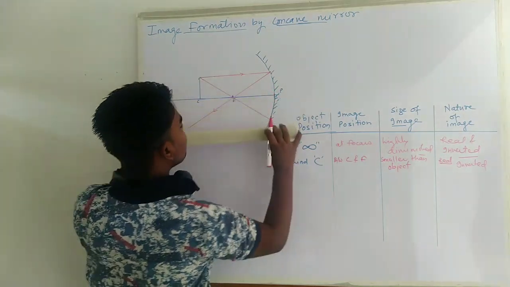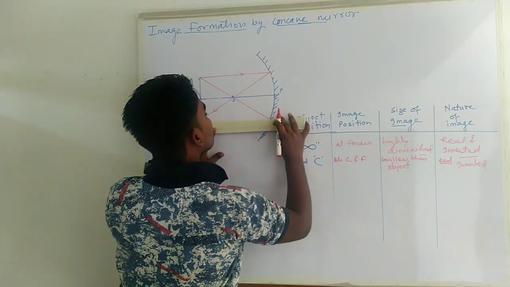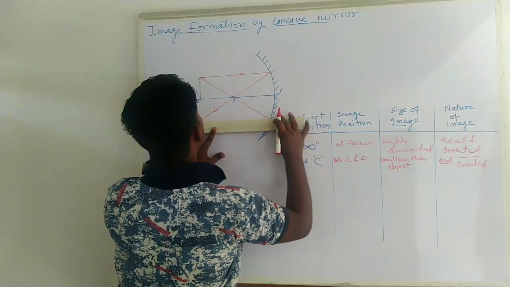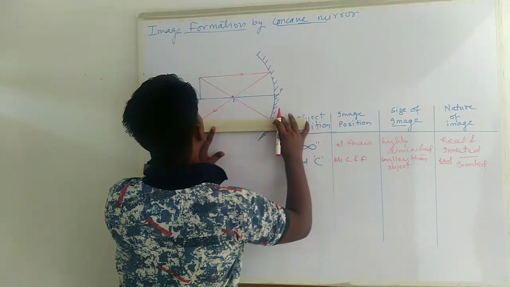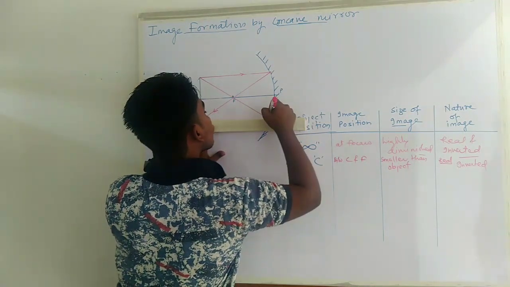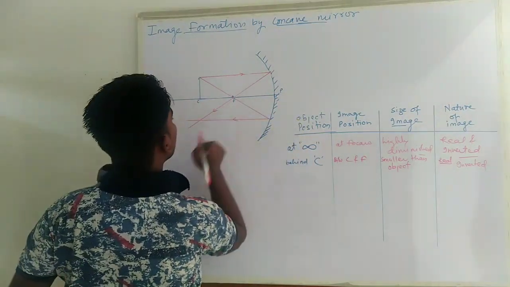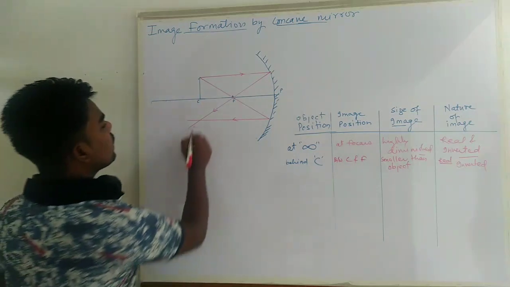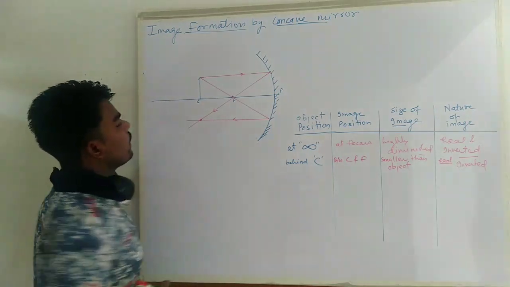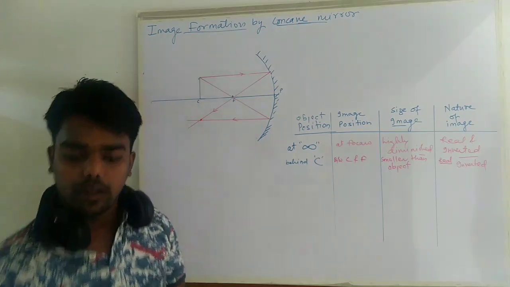So after reflection it will go parallel to the principal axis. This is how it is coming. Okay, and here they are intersecting. This is the intersection point of both reflected light rays.